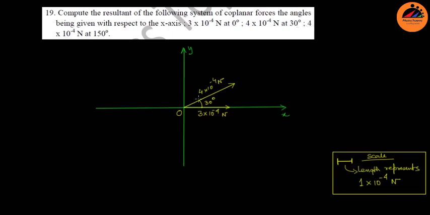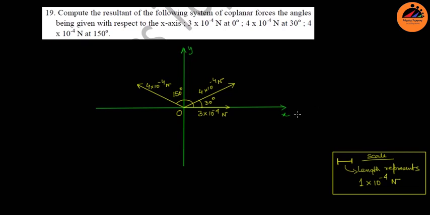So the total is 180 degrees, it should be exactly this way, right? The magnitude is the same. So this is 4 into 10 to the power of minus 4 Newton, and this is 150 degrees.